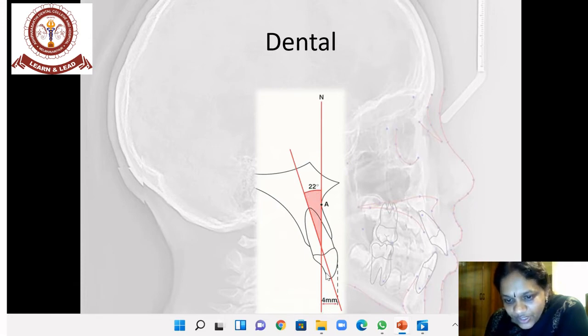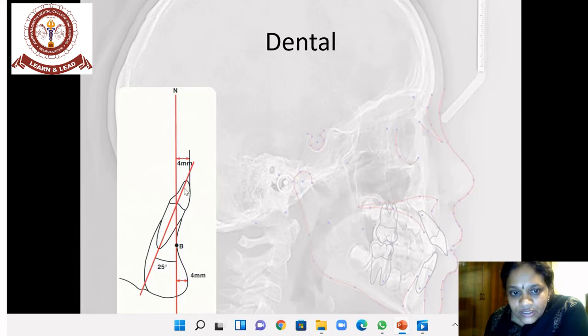In the same way, you have to draw the anterior surface of maxillary incisor, and the distance between NA and this line will give you the linear measurement of anteroposterior position of your maxillary dental structures, which implies the anterior position of your incisor in relation to your maxillary skeletal bone.